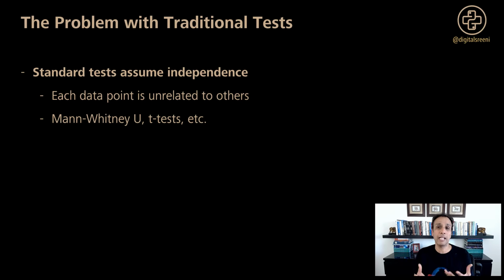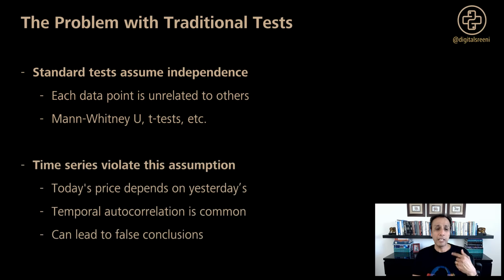By definition, time series means something happened at time t, and t minus 1, right? So if you look at stock prices, for example, today's price depends on yesterday's because it builds on yesterday's, right? Whether it goes up or goes down doesn't matter, but it relies on yesterday's values.